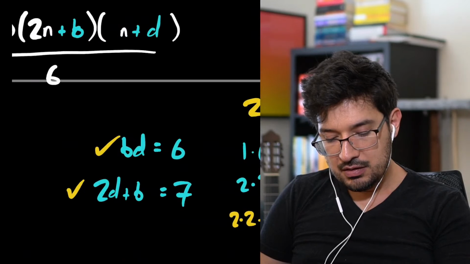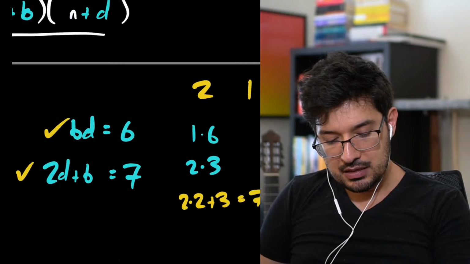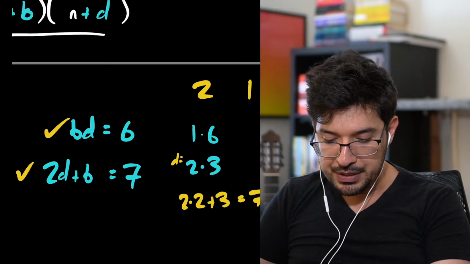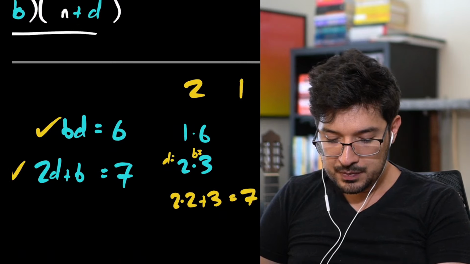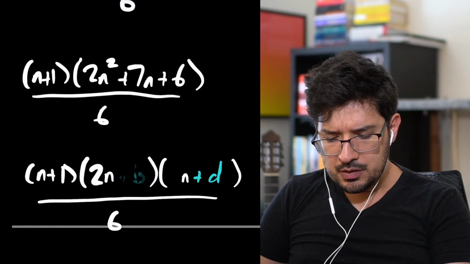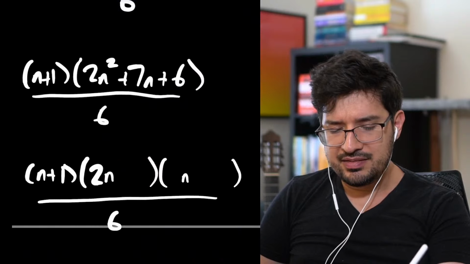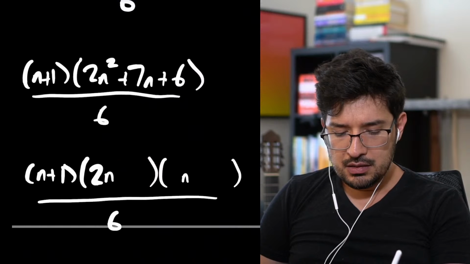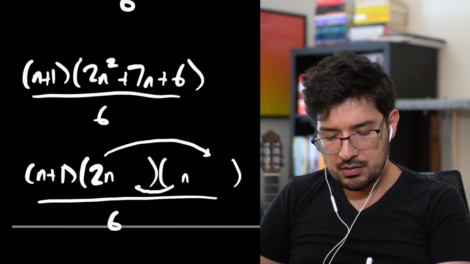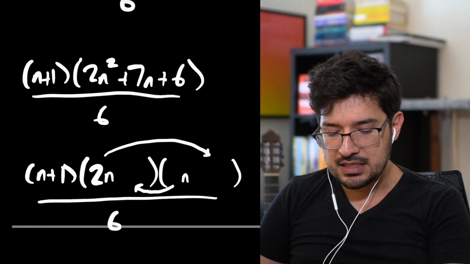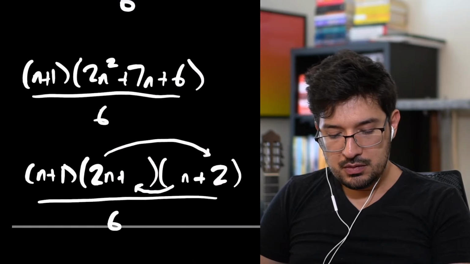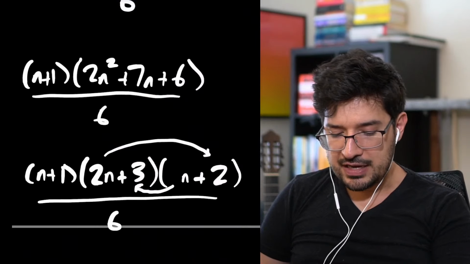So taking D to be 2 and B to be 3 works. Over time, you get used to doing these in your head and seeing them more directly. We want 2 times this number plus these two multiplied together to add to 7. So they work, this factors this way.